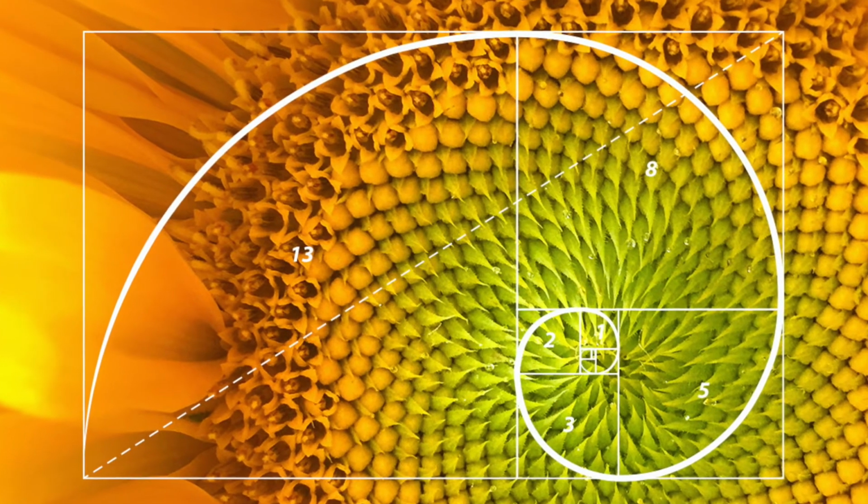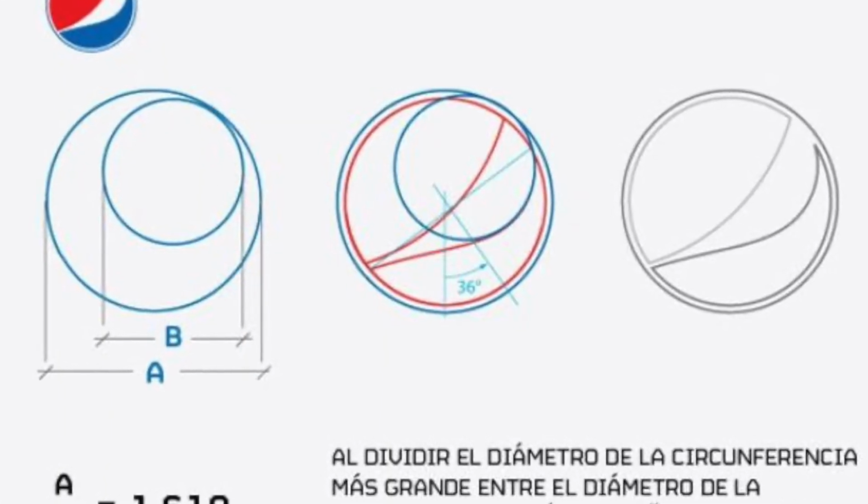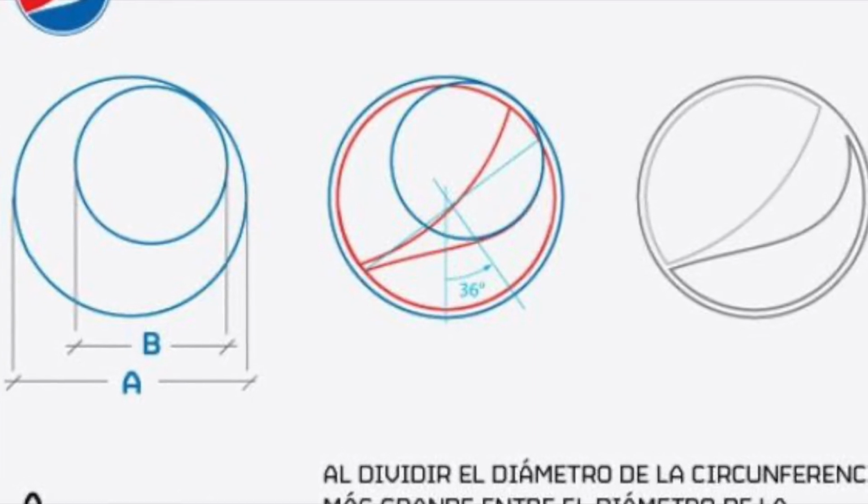Flower seeds, so not only the petals, but the seeds. And also the Pepsi logo, which is cool because advertisers can use it to subconsciously make their logo more appealing. It's weird how math ties into that.